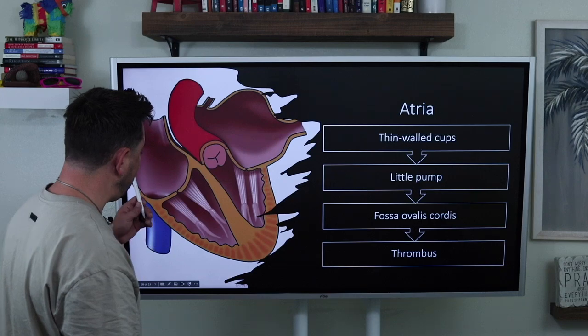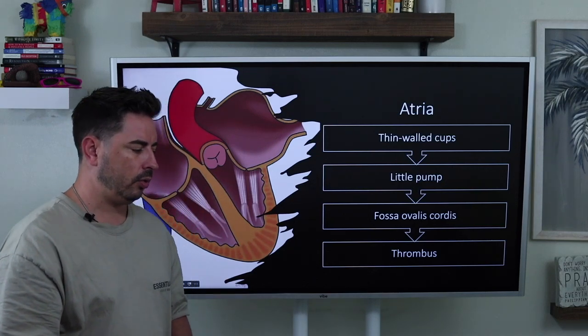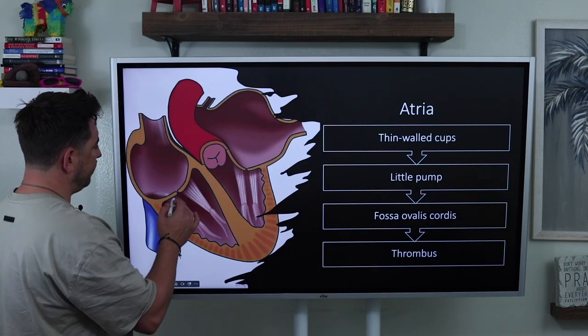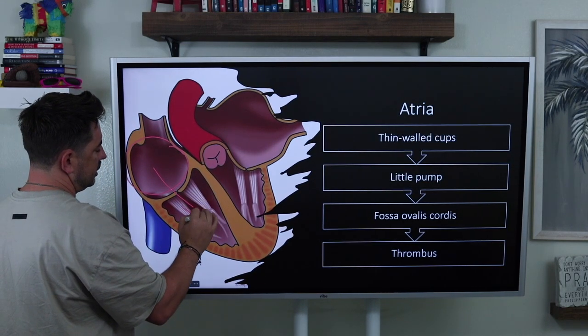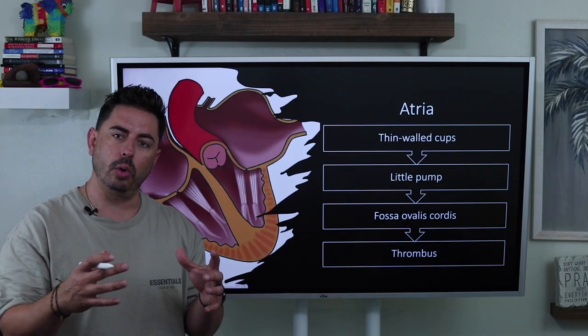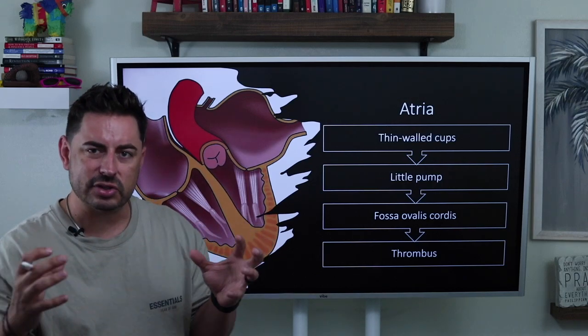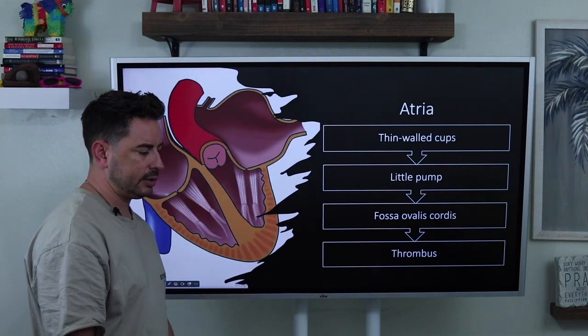They have very little pumping when it comes to the overall circulation of blood flow. They simply have to get blood from their chamber into the adjacent chamber, which is down below. So gravity helps us out a whole lot with that, but they have just a little bit of a pump when it comes to moving blood flow into the ventricles.